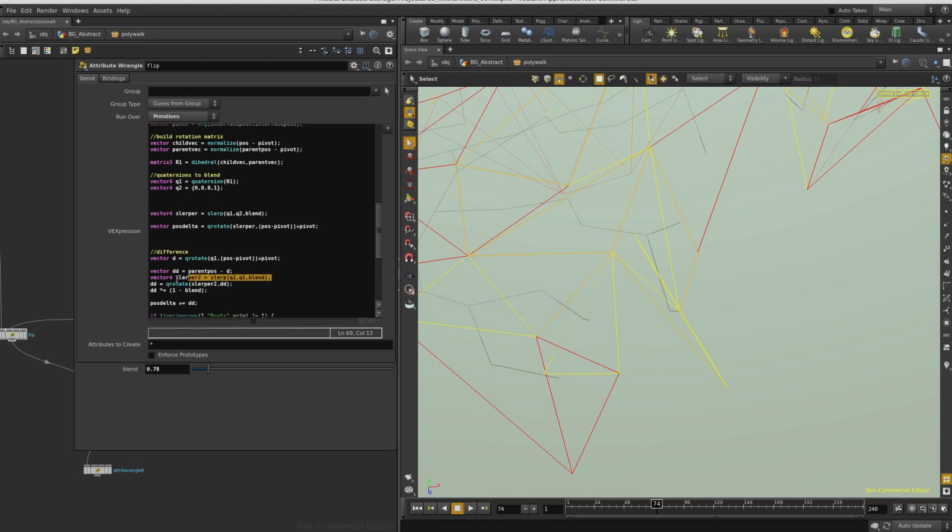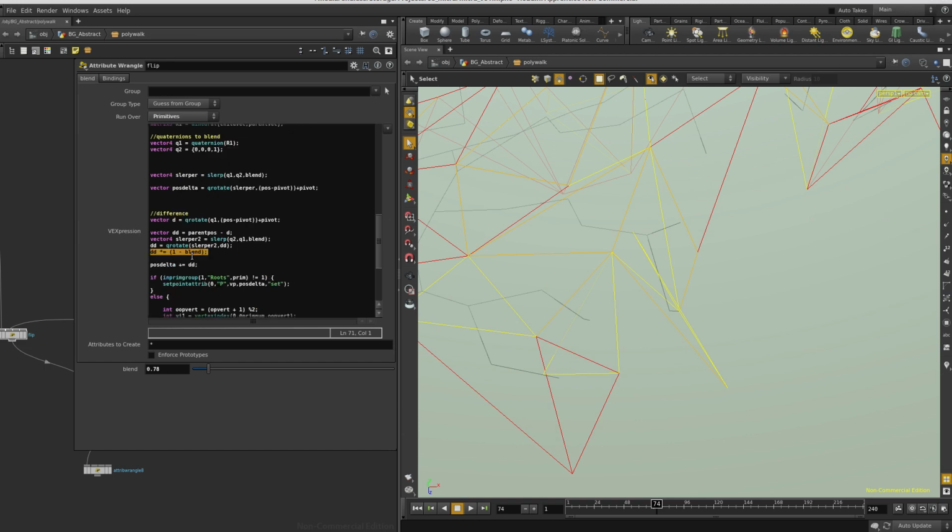And then we make another, basically the inverse or the opposite of this rotation, because as this thing goes, we need to rotate that difference vector along with it. That's what we do right here. And then we blend it off and add it to the position delta.